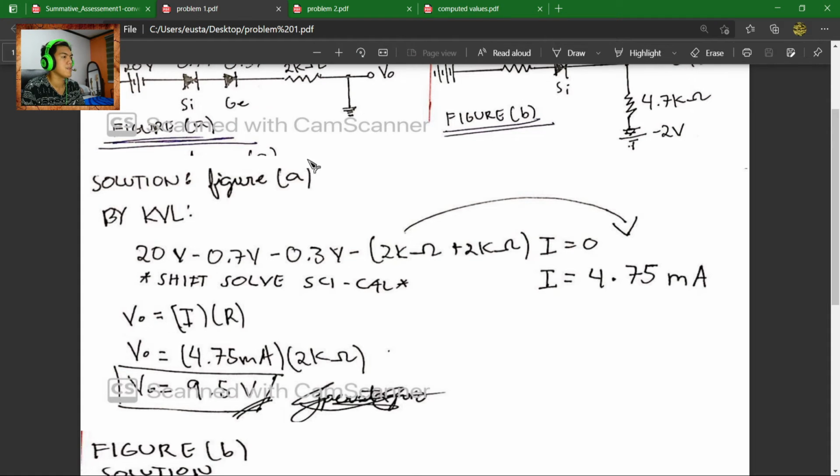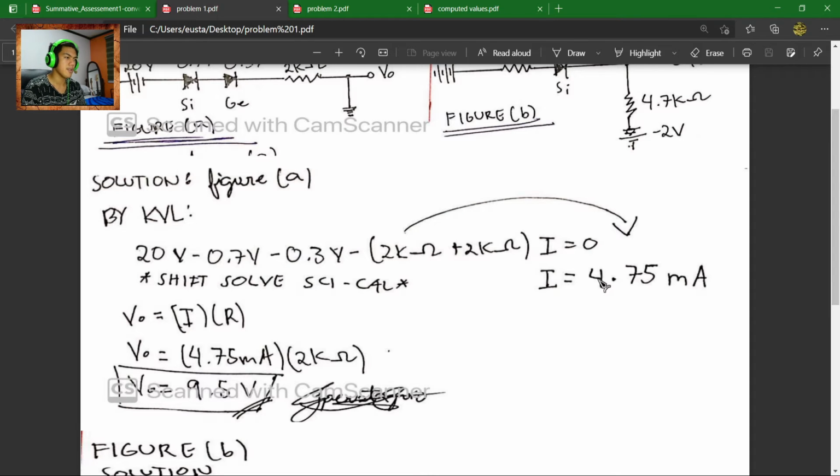2K ohms. So, 20 volts minus 0.7 volts minus 0.3 volts minus 2K plus 2K ohms, which is 4K ohms, times the current. So what we should do is transpose these terms to the right side.